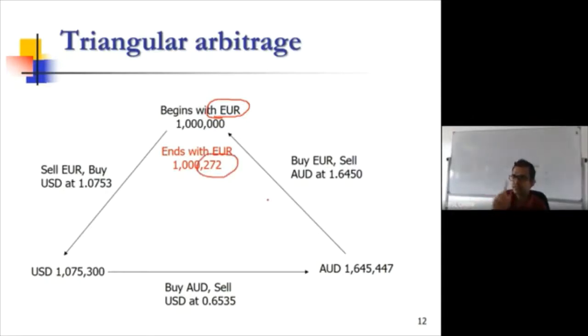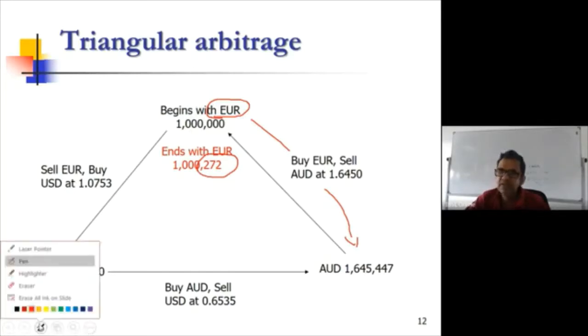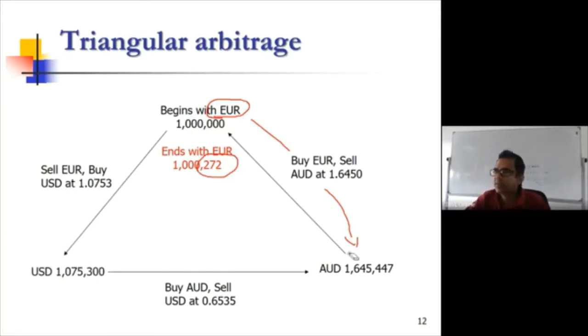You have to do all these three transactions quickly, but this is only one way of doing that. You go this way, but if you need, you could have gone this way as well. First do this, buy euro, sorry, but the direction would be the same, but start from a different place.